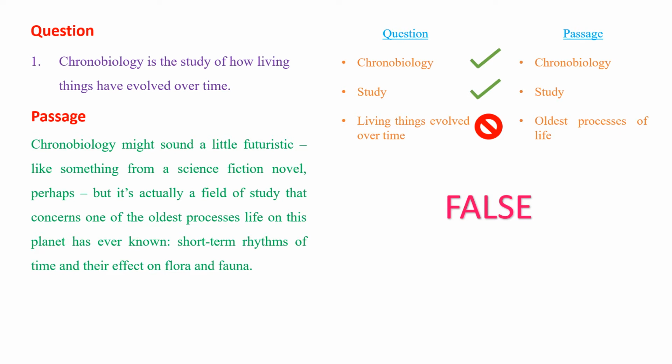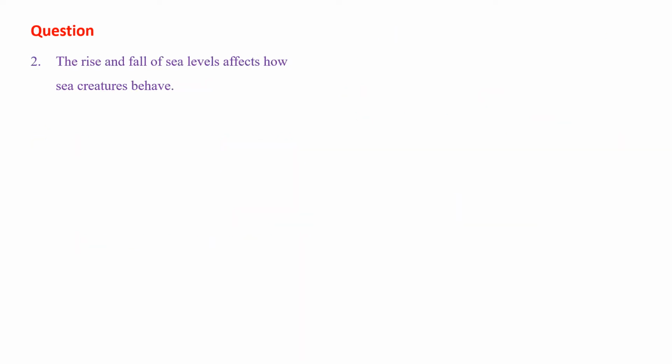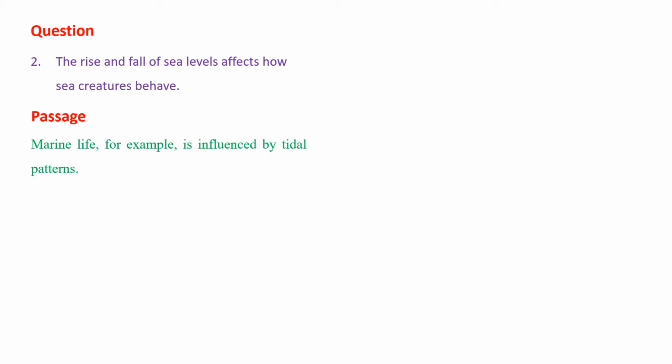Moving on, the second question goes like this: the rise and fall of sea levels affect how sea creatures behave. The answer for this question is in passage B. The author states that marine life, for example, is influenced by tidal patterns. Now, we will have to compare the keywords in the question and the keywords in the passage.